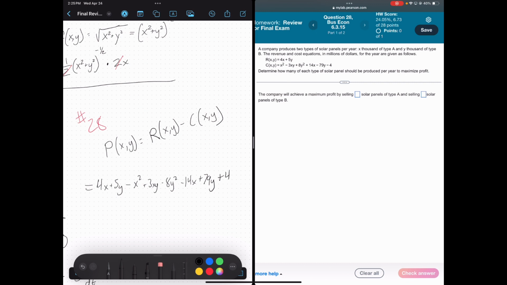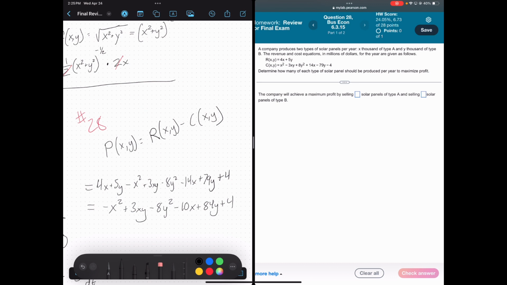Okay, simplify this a little bit. Combine like terms. Negative x squared plus 3xy minus 8y squared minus 10x plus 84y plus 4. Okay, so there's my profit equation.